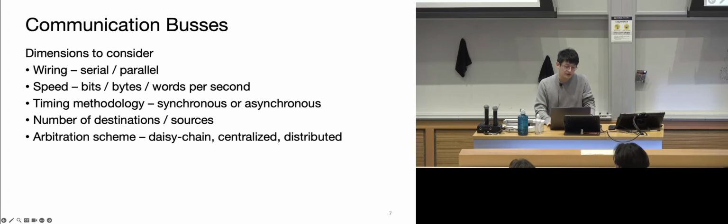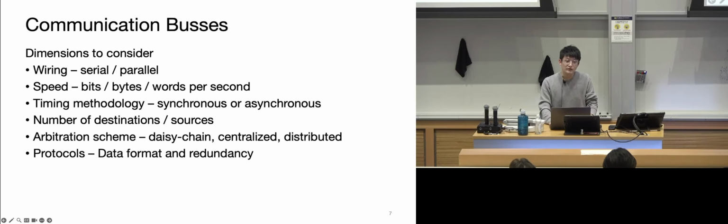And we have different ways for the arbitration. We have daisy chain, centralized, or distributed ways. APB is one example of, I guess, in between, centralized and with a shared bus. We'll show this in more detail.